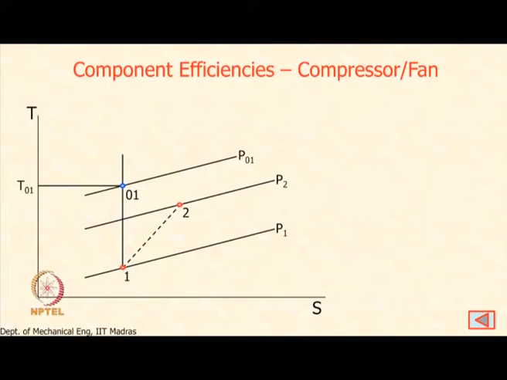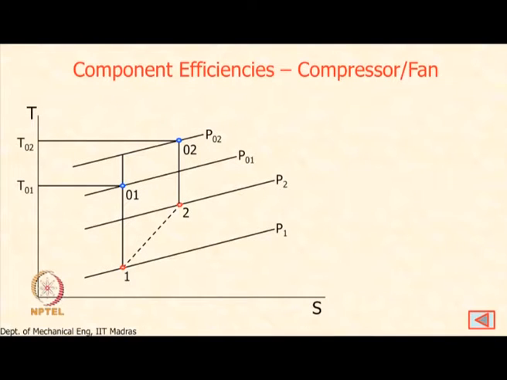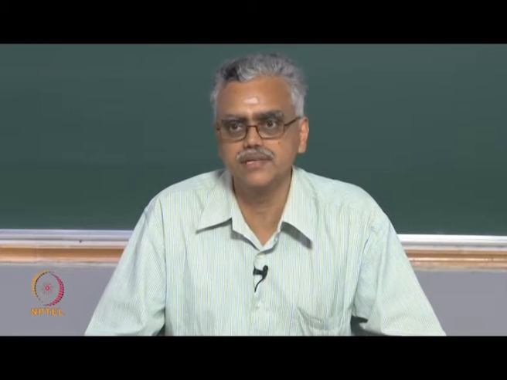So, the compression process takes the static state from 1 to 2 like this, and because we have put in work, the stagnation pressure corresponding to this state will be higher than P01. So, this is stagnation state 02, and P02 over P01 is going to be equal to the pressure ratio across the compressor, 20, 30 or 40, whatever we specify for the particular engine.